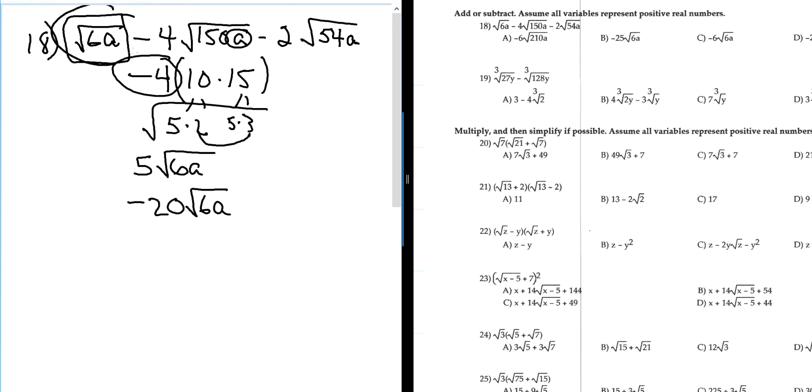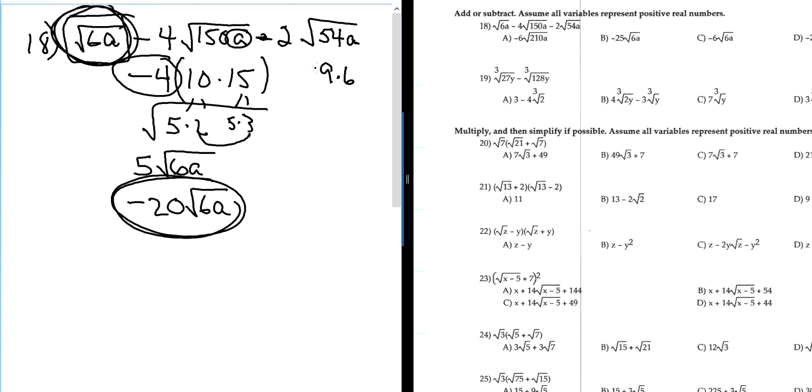Okay, so here I've got my first term, this is my second term, and here's the third term, and I'll figure out what this is. This is negative 2, that's important to note. The 54 I can break down to be 9 times 6. Again, there's only one a, so that's going to remain inside like the other two.